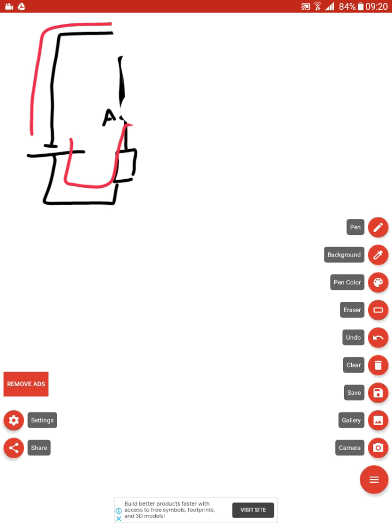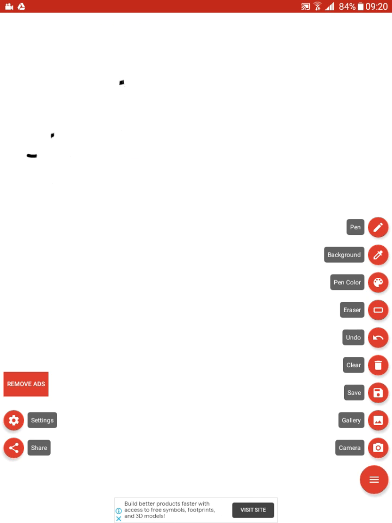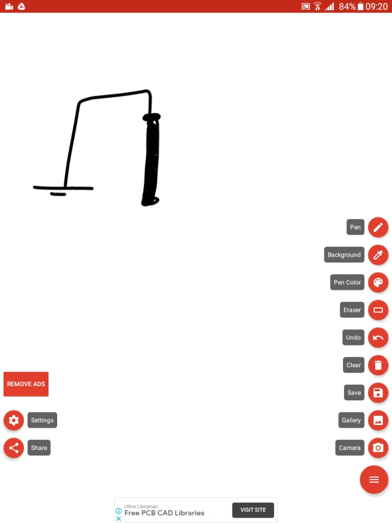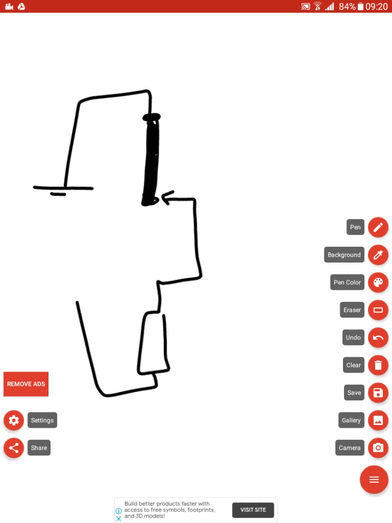If you move this wire, let's draw another one, it's better. We have a battery, we have a resistance wire like this, and this is the sliding contact, and this is the variable resistor.